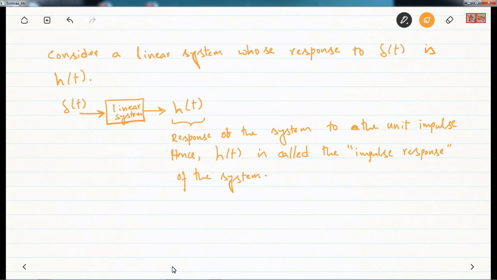So if I give delta of t, I get the output h of t. The system response to delta of t is h of t. What is delta of t? It's a unit impulse. That's why we call such h of t the impulse response of the system.